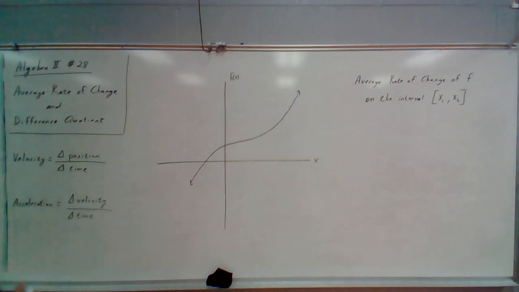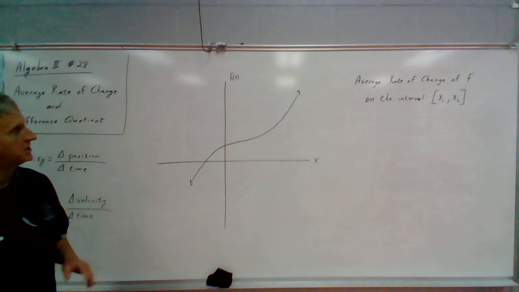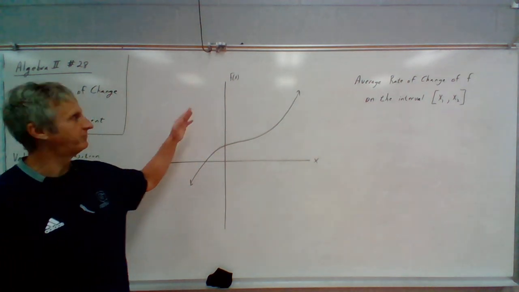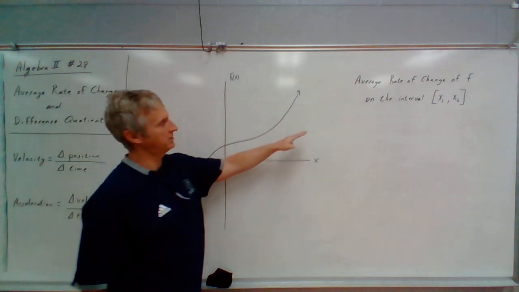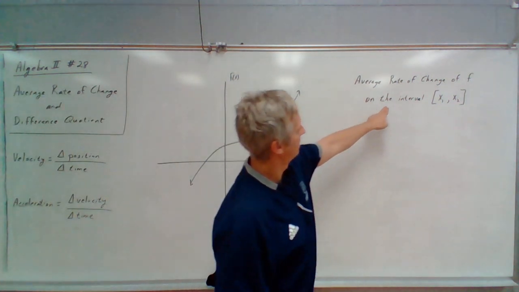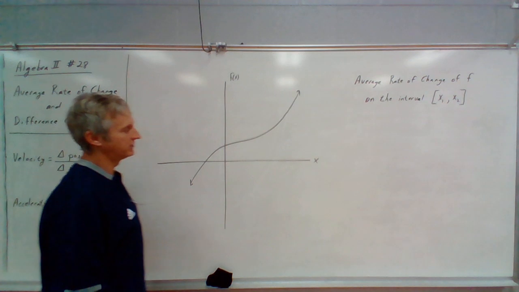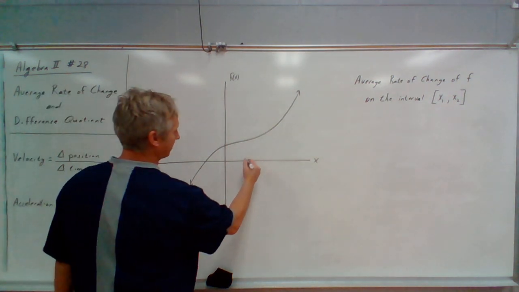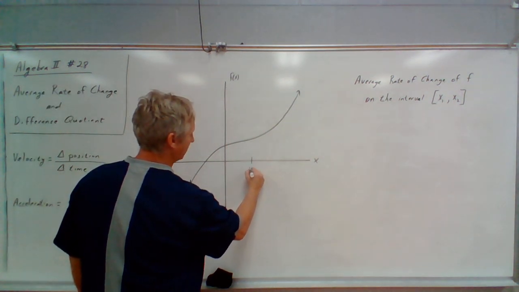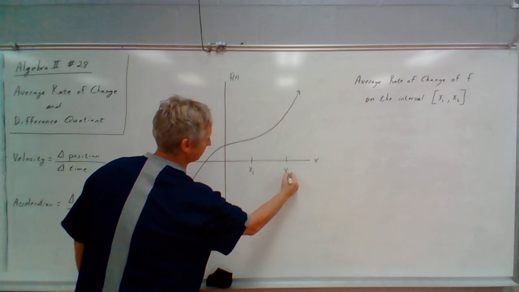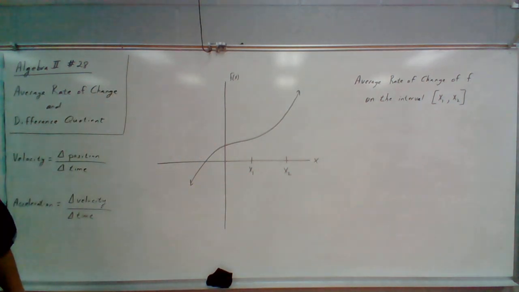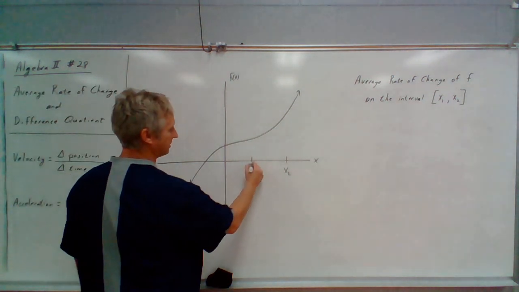All right, let's work out a general formula for the average rate of change. So here's just some random function, f. I want to find the average rate of change of this function over the interval from x1 to x2. Okay, so I want to go from x1 out to x2. And I want to find the average rate of change.